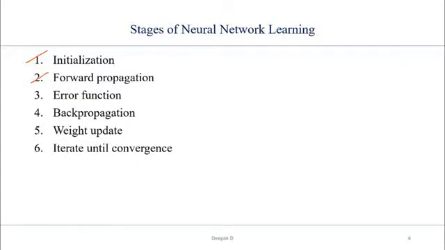The input from a training set is passed through the neural network and an output is computed. Third step is the error function. Because we are working with the training set, the correct output is known.